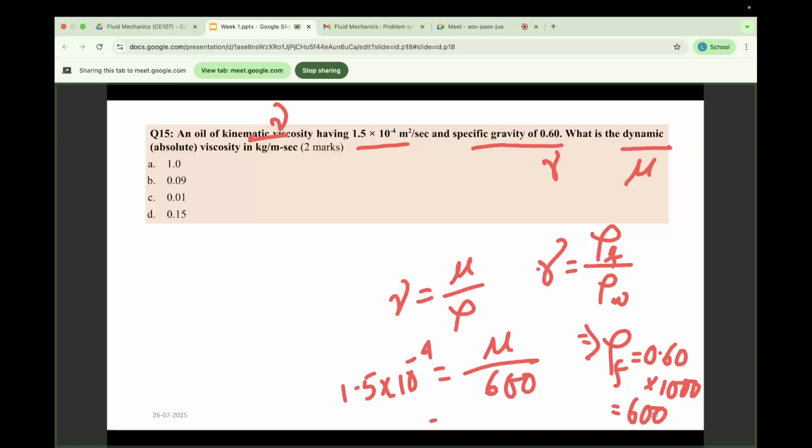So if you multiply this, you will get mu equal to a value 1.5 into 60, that is 9. So you will get 0.09 as the answer. So that is option B.